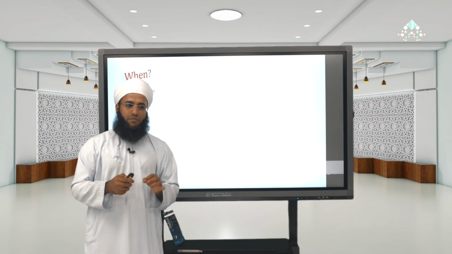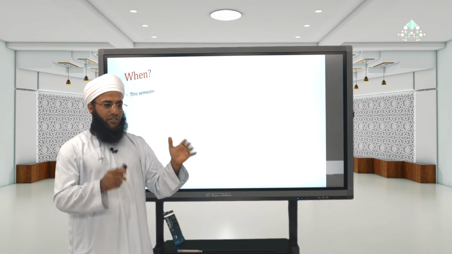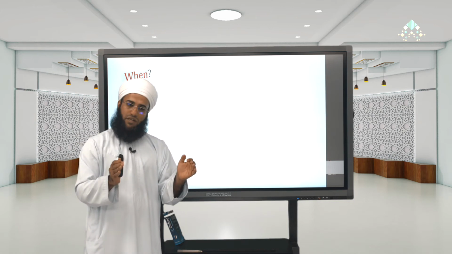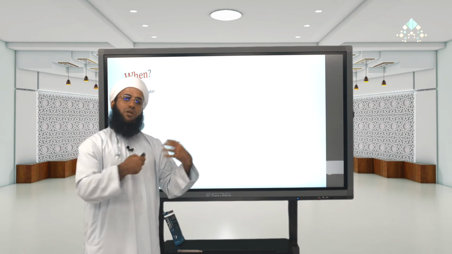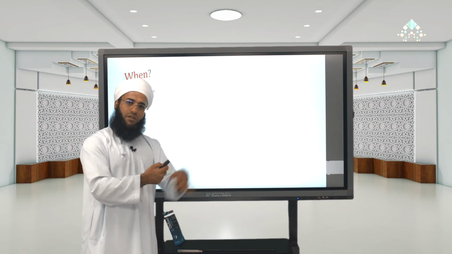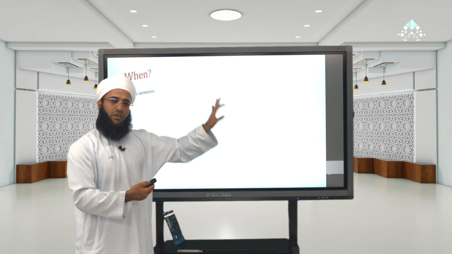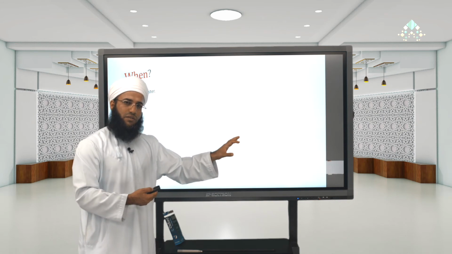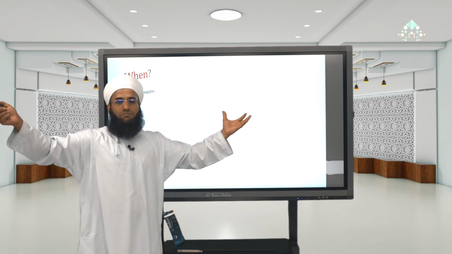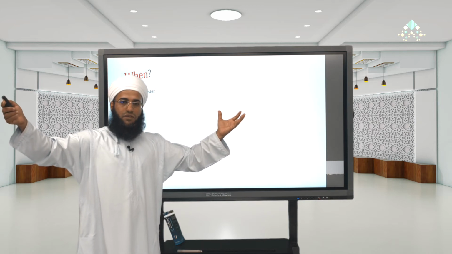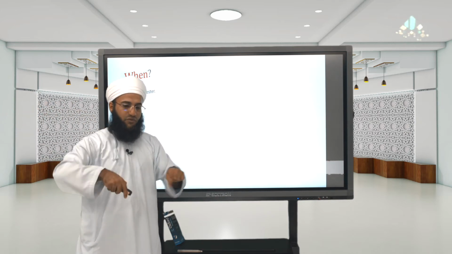Okay, when? If you want to achieve something, you need to actually allocate time, and you limit it by time. So what we have spoken about, the things that we want to achieve, the objectives of this course, it will be during this semester, not for future. This plan is not for future, it's for this semester.